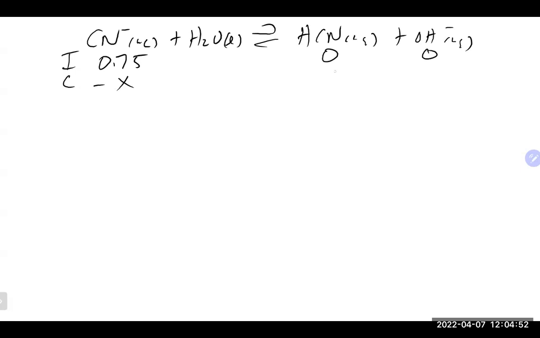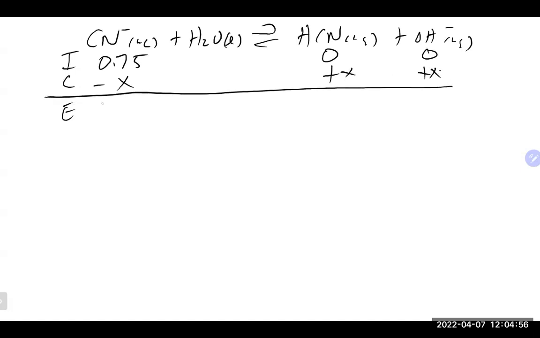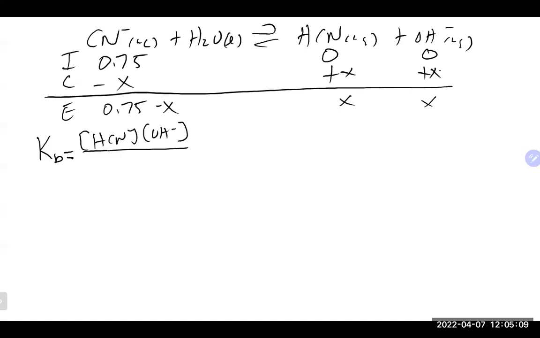Change is going to be minus x, plus x, plus x. And 0.75 minus x, x, and x. This goes into, as we just said, our Kb, which should be HCN times OH minus divided by CN minus. Leaving water off of there, and it was 1.6 times 10 to the minus 5.